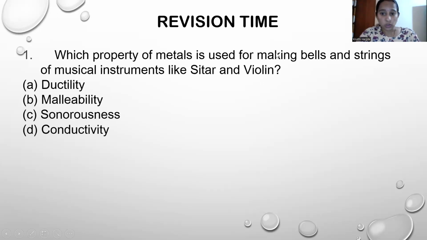As bells are also mentioned, in bells it's not just ductility, the main concept is sonorousness. Sonorousness is the ability to produce ringing sound. So sonorousness is helping the metal to be used in temple bells, church bells, and even musical instruments.